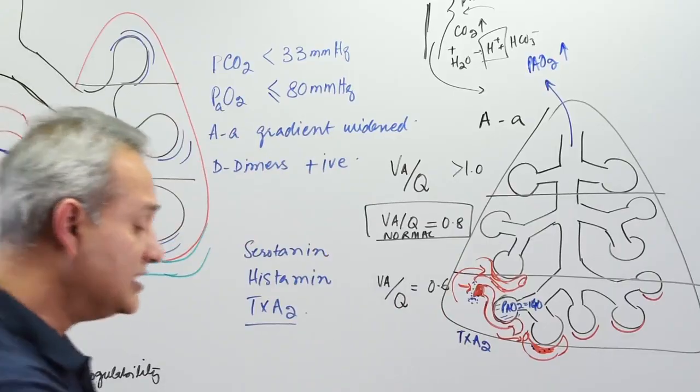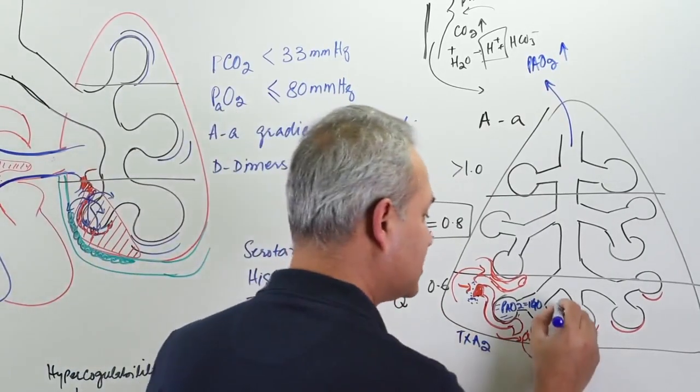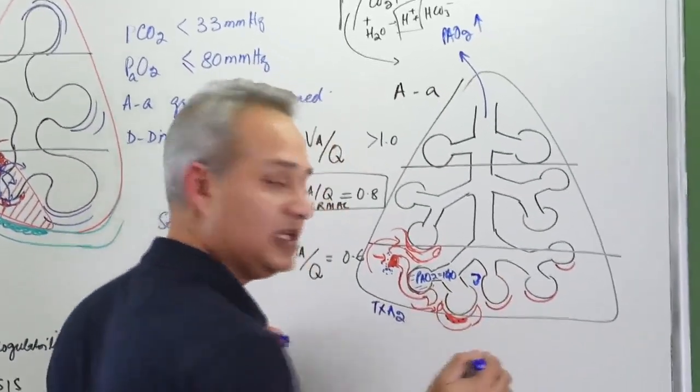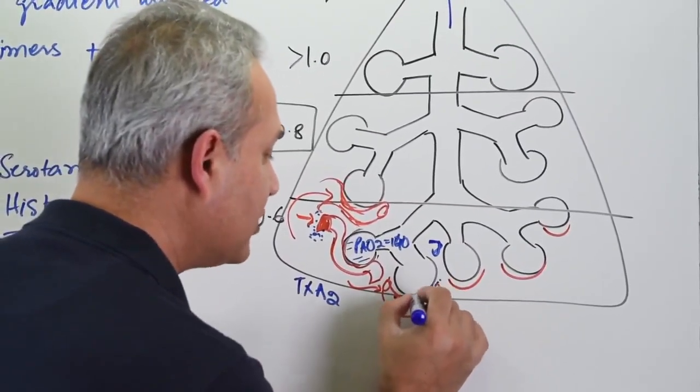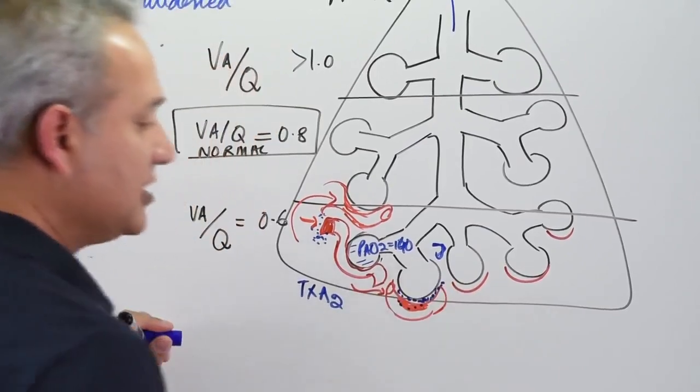that the J receptors, remember that there are J receptors present. J means juxtaposed. So these are the receptors that are present near the alveoli and the blood vessels.